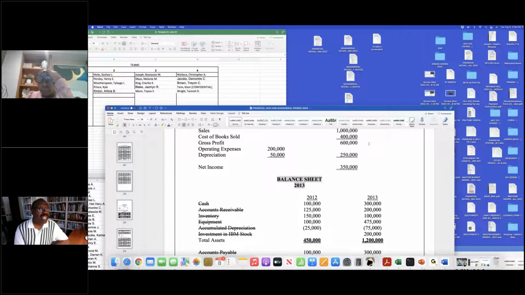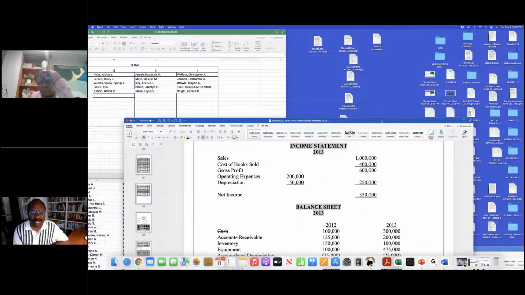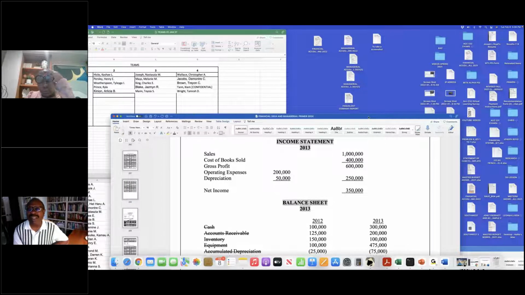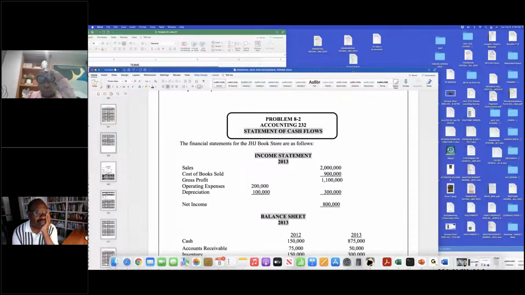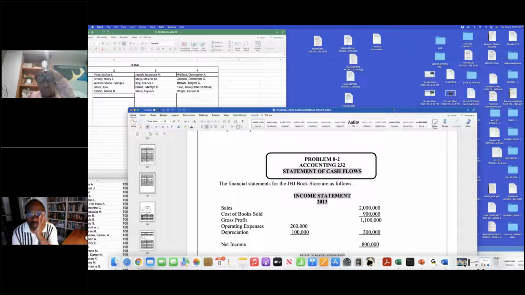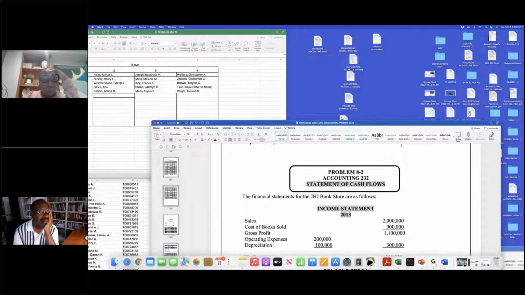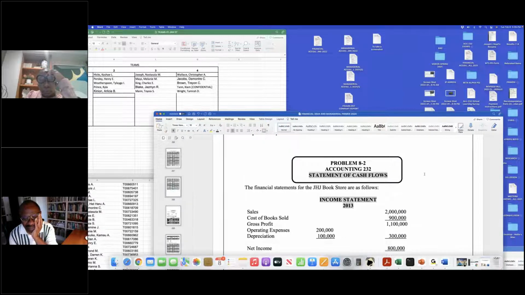All right, let me go on to team 2. What is your change in cash, team 2? Change in cash. Let's see. Team 2, what is your change in cash? 150,000. This is for problem 2.